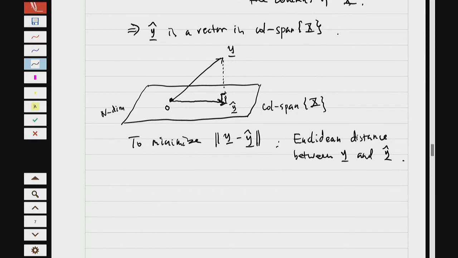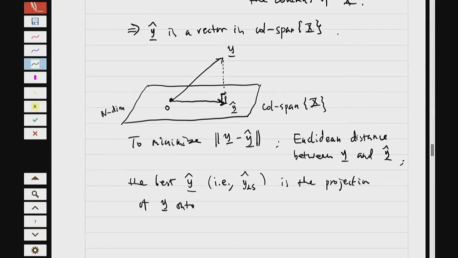To minimize this, the best y hat, we call it the least squares y hat, is the projection of the point y onto the space, that's the column span of X.